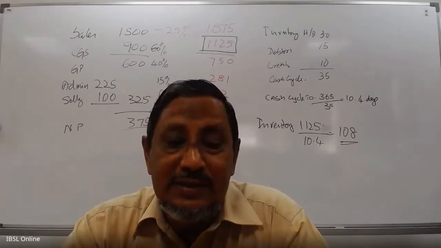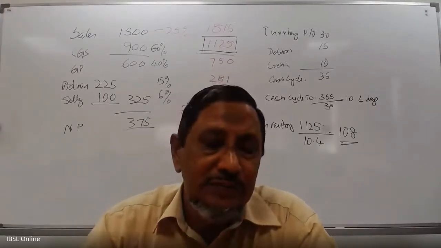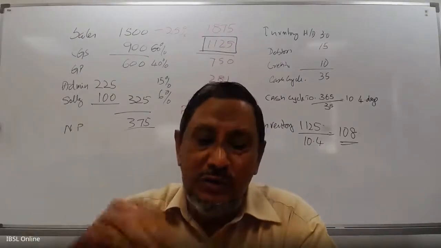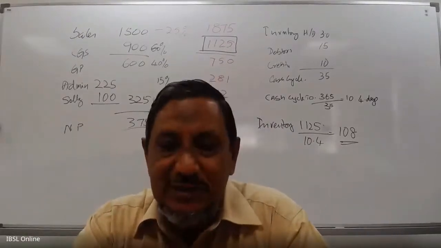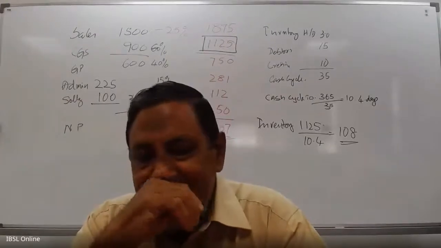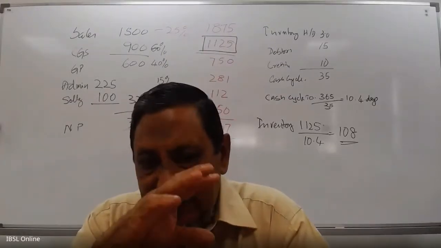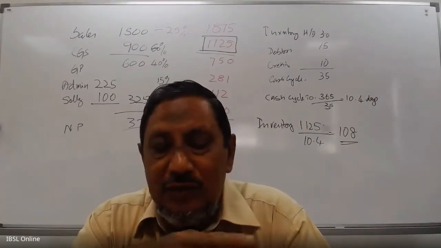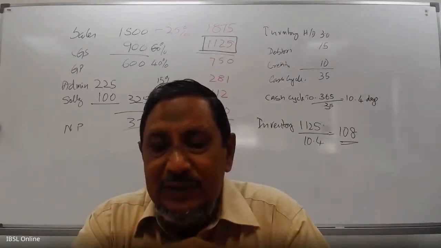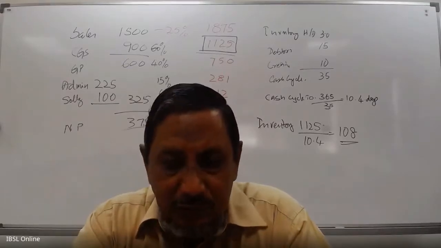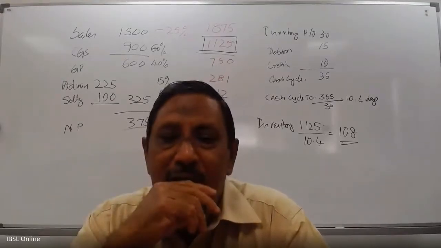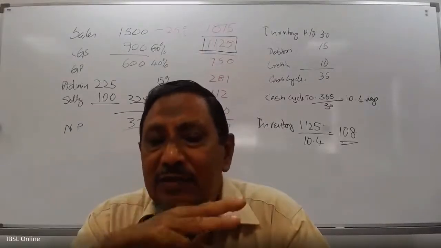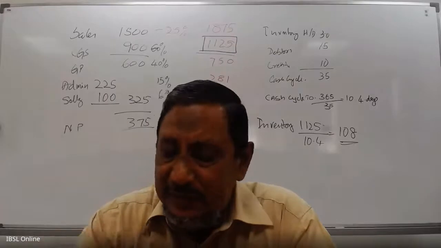The next slide is the other way about: if we invest a certain amount in the business, what would be the profit? We apply a similar method, but from bottom to top.